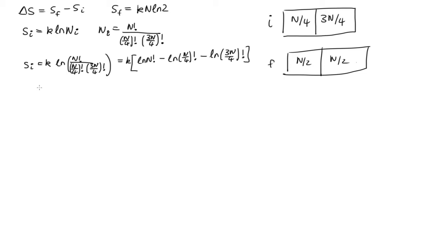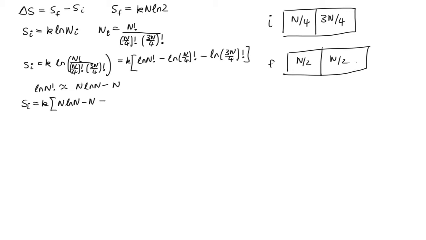And now we're going to use Stirling's expression, which tells us that log of n factorial is approximately n log n minus n, in order to simplify this expression. So the initial entropy is equal to k out the front, and then this one here is n log n minus n. This one here, we've now got minus log n/4 factorial.